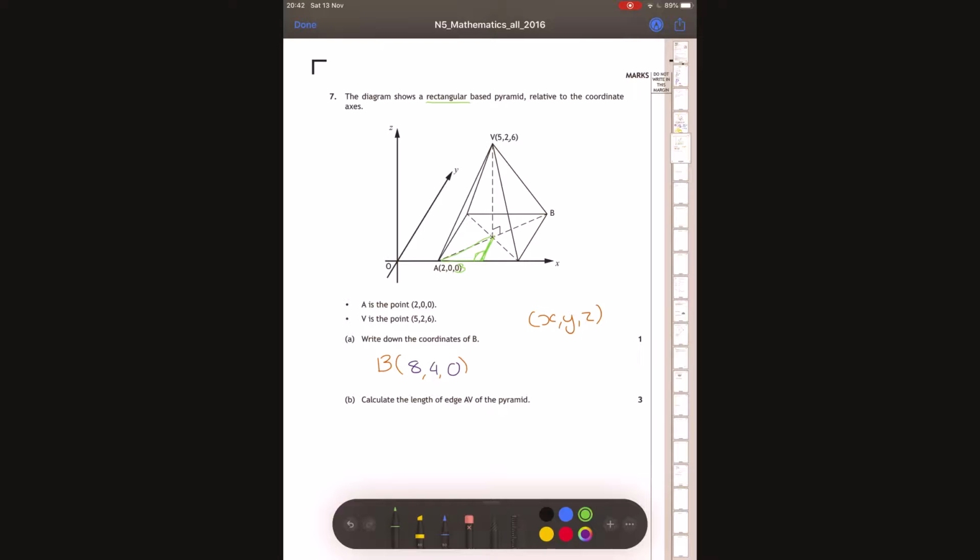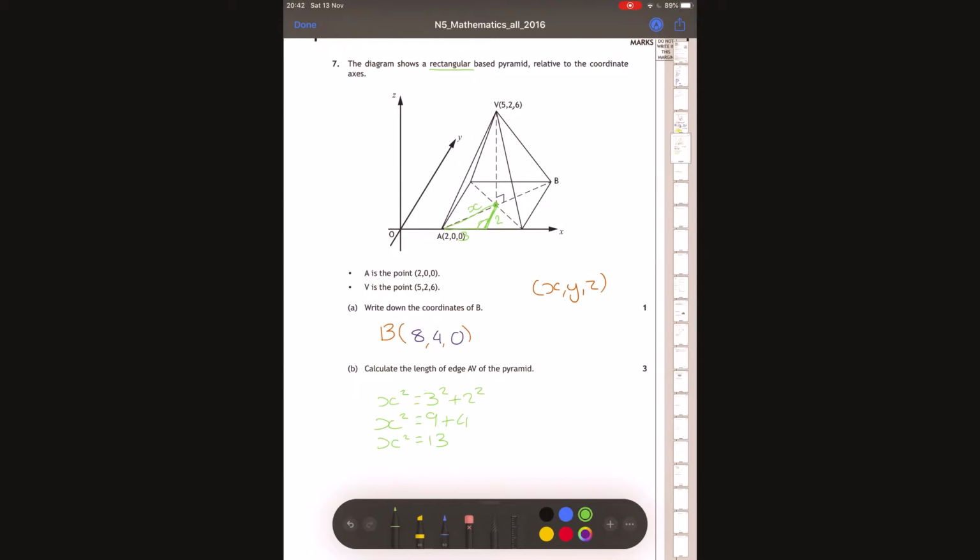We know that V is 2 back on the y-axis, which means this is 2. So this length here, which I'm just going to call x, we can use Pythagoras for that. x squared is equal to 3 squared plus 2 squared. x squared is equal to 9 plus 4. x squared is equal to 13. So x is equal to root 13.